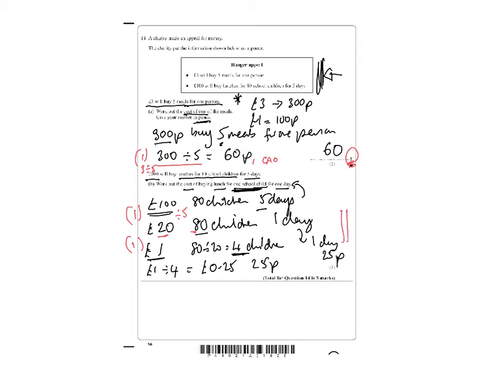And finally you get 1 mark for writing either that or that, so that's 1 mark for the answer. If you've done it a different way round, you would still get the same mark.